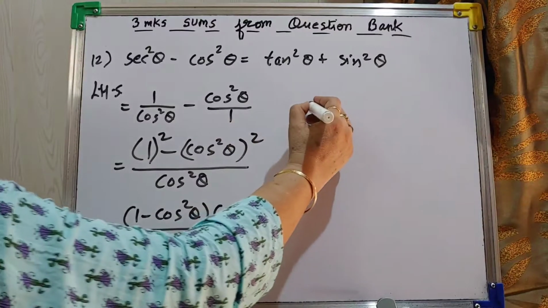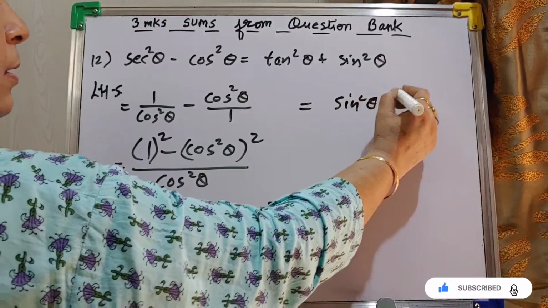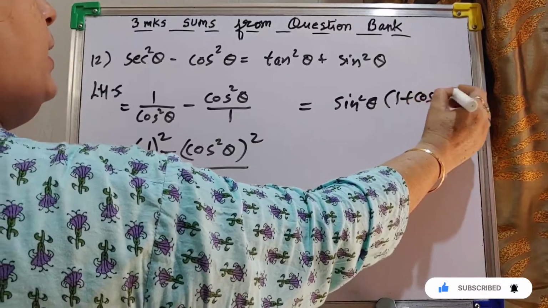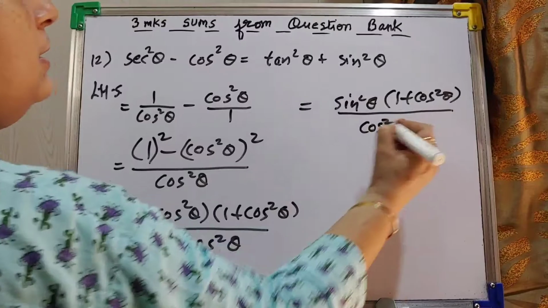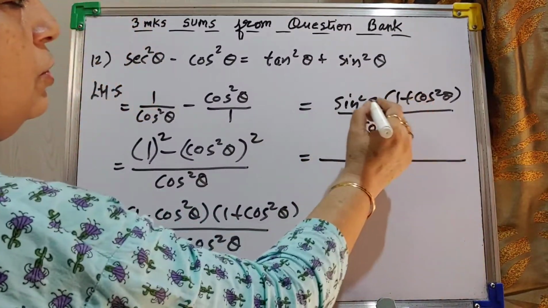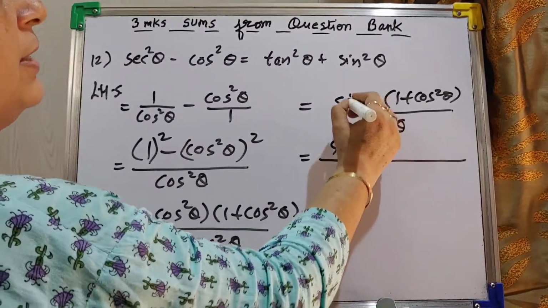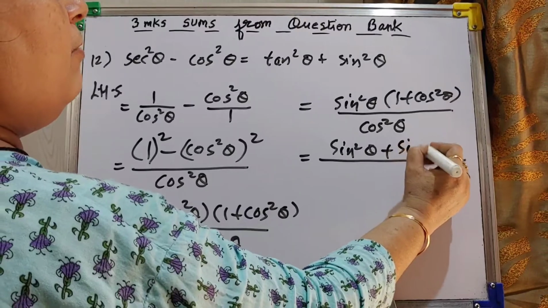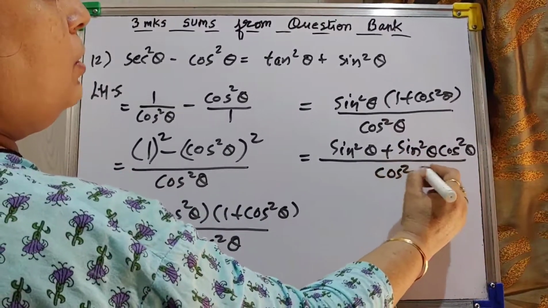Now you know what is your 1 minus cos square theta? Sin square theta. This 1 plus cos square theta I am keeping as it is. Denominator also I am keeping as it is. Now sin square theta I can multiply with both in the bracket. So sin square theta into 1 will be sin square theta. Then sin square theta into cos square theta will be sin square theta cos square theta upon cos square theta.